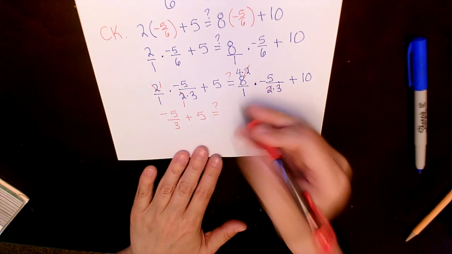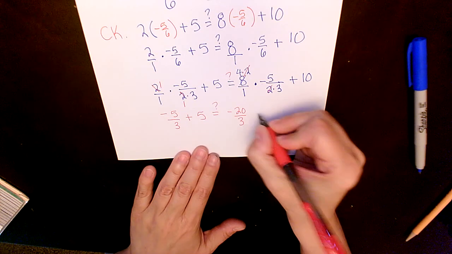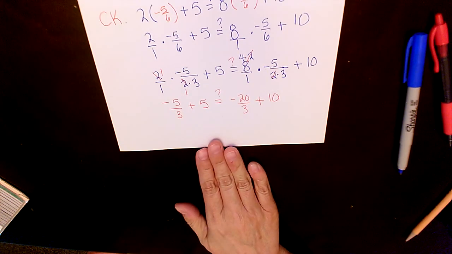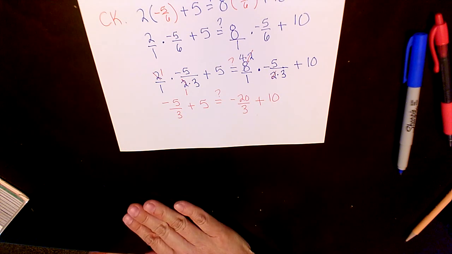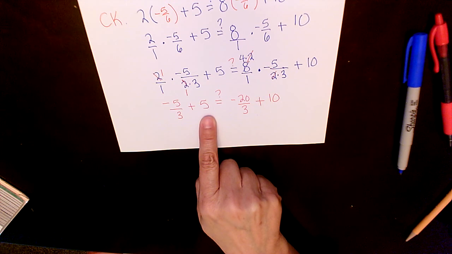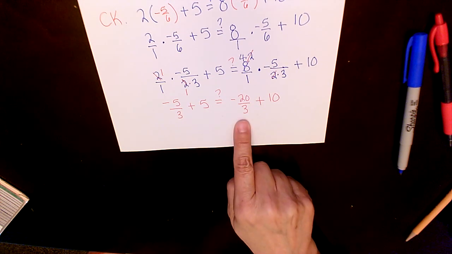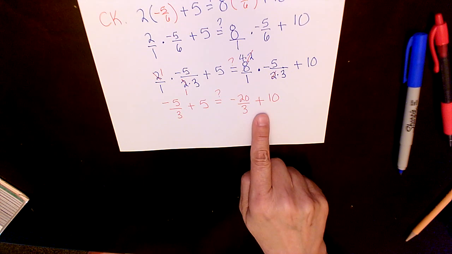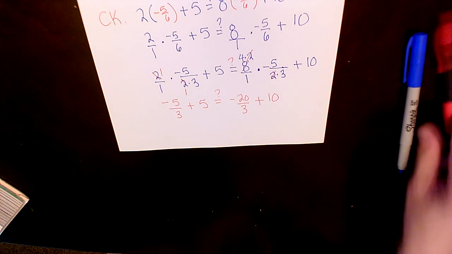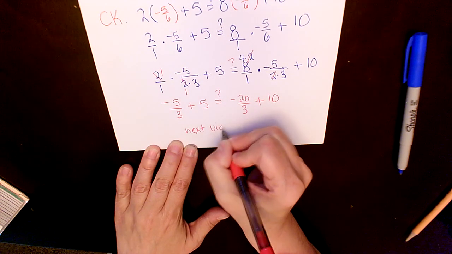So 4 times negative 5 is negative 20 over 3 plus 10. So I want to see if negative 5 over 3 plus 5 is going to equal negative 20 over 3 plus 10. And I will finish that up in the next video. We'll finish that check.